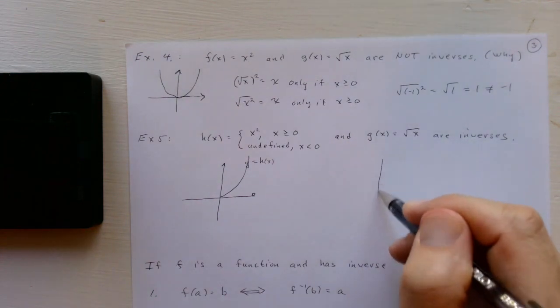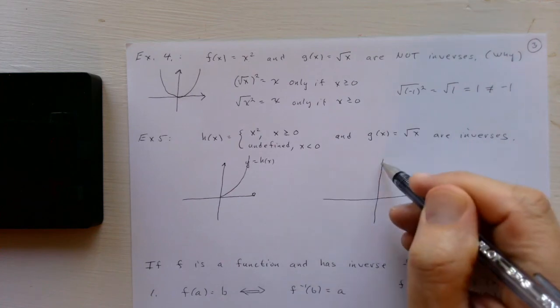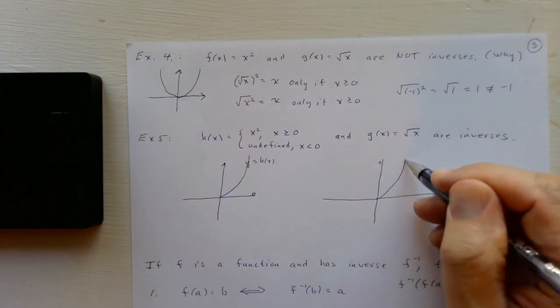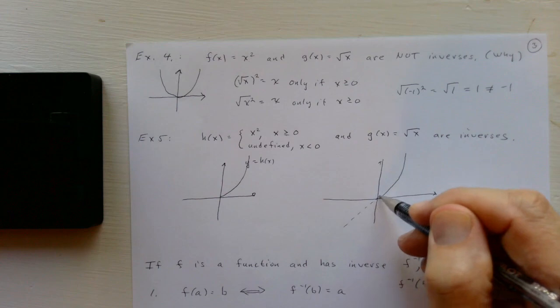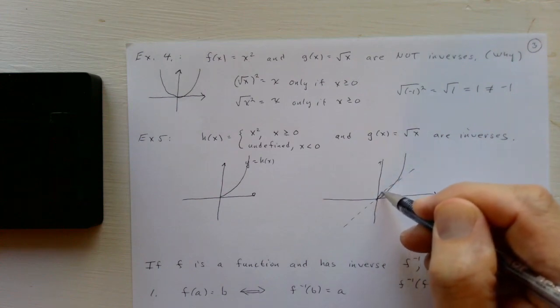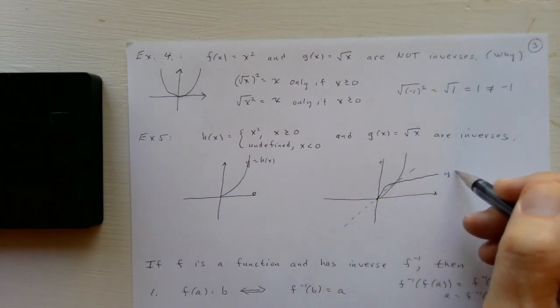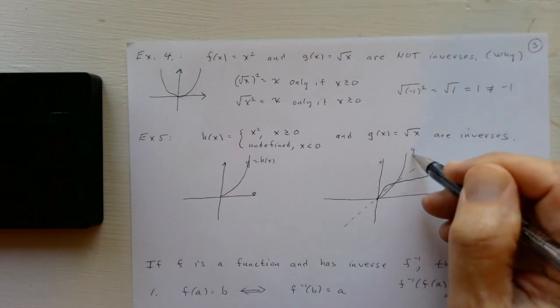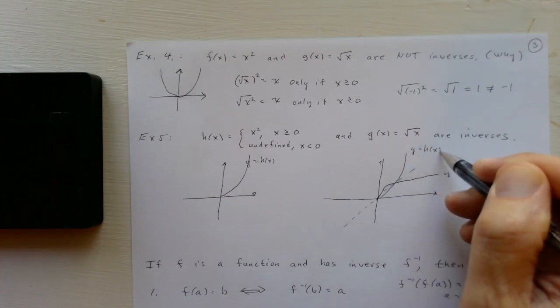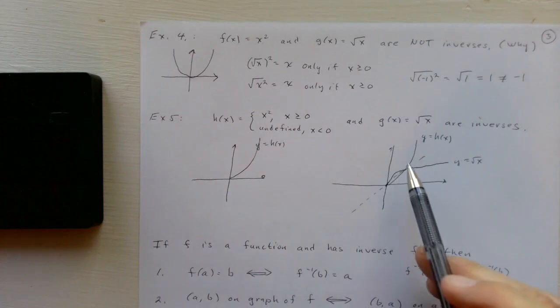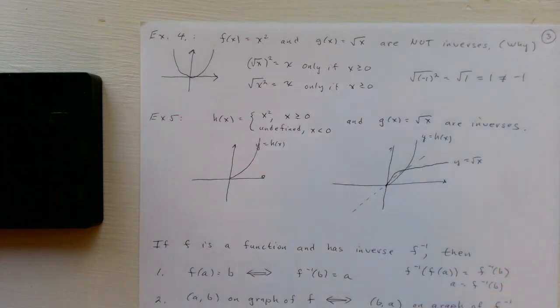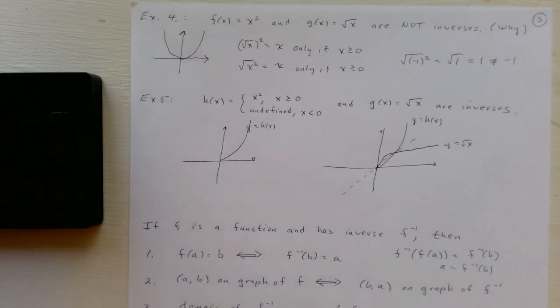And in fact, if we graph this function along with the square root of x, we see that they are symmetric with respect to this line y equals x, which, as we said, is what should happen.